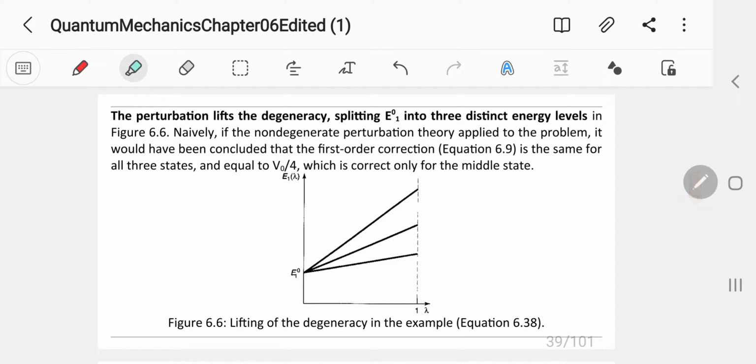So the perturbation lifts the degeneracy, splitting the unperturbed energy into three distinct energy levels. So you will have these three here.